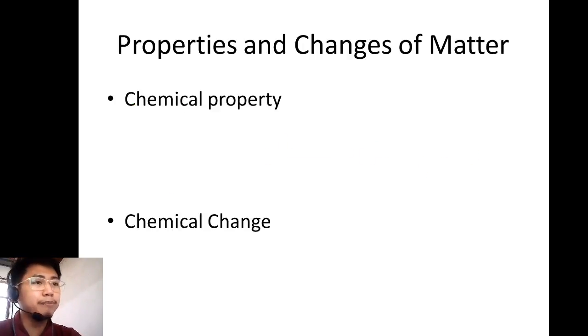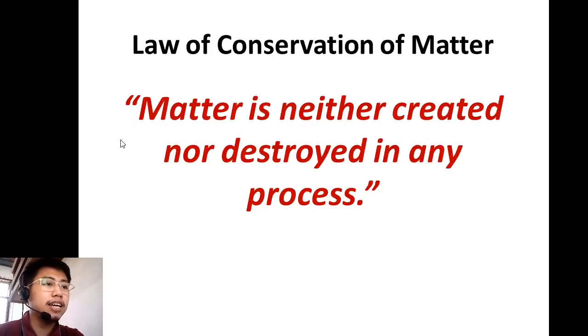The next type of property and change that matter undergoes is chemical property. When we say chemical property, it means the product now has a new chemical composition that is different from the reactant. It has also undergone chemical change.